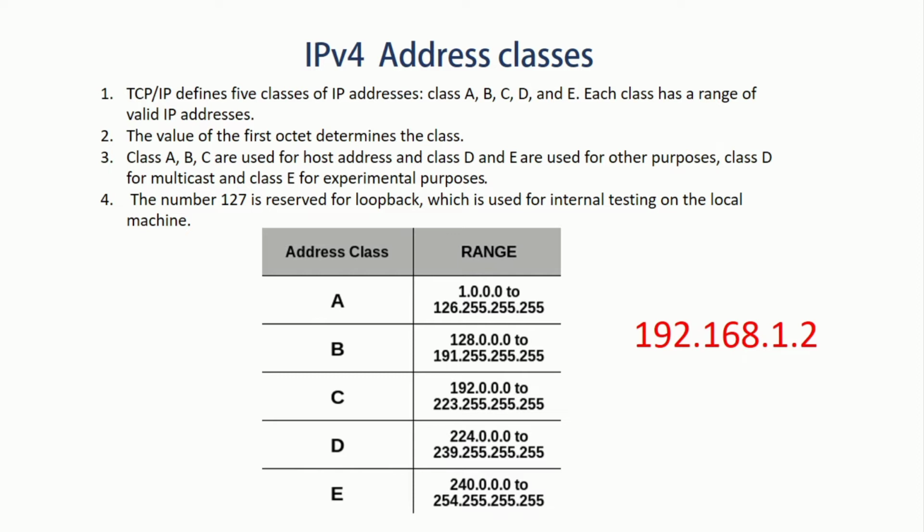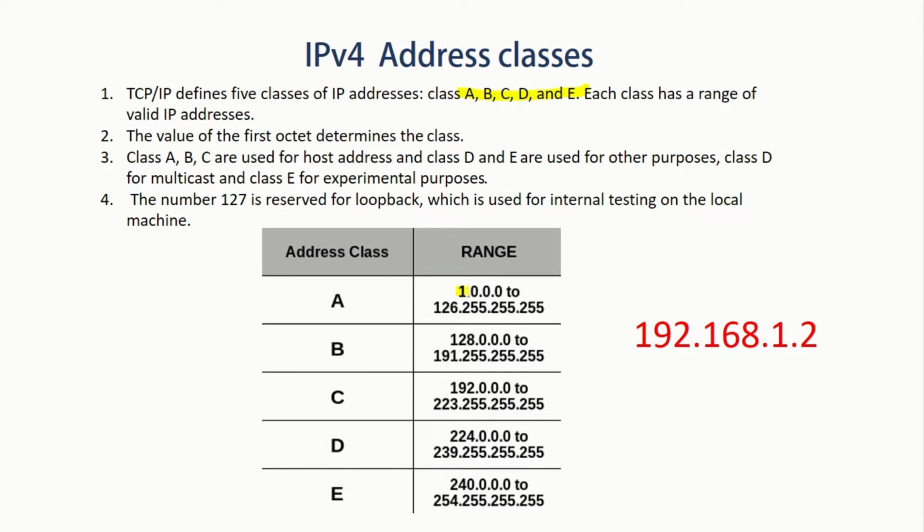They are class A, class B, class C, class D and class E. Okay, so let us see all of these classes. All the classes have ranges of IP addresses from 0 to 255 only.